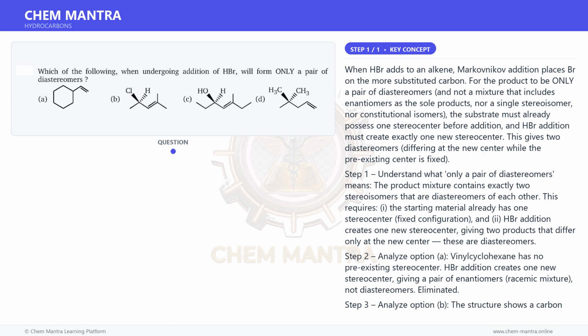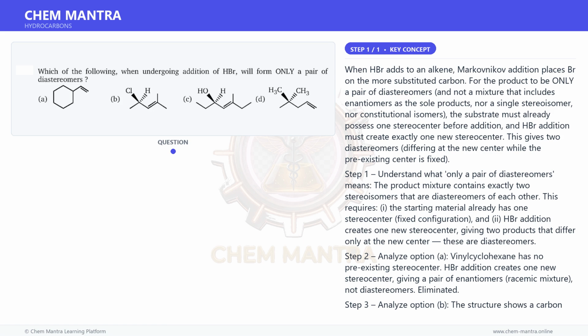The pre-existing OH-bearing stereocenter remains intact. The two products differ only at the newly formed Br-bearing carbon while the OH-bearing carbon is fixed. These are diastereomers. No enantiomers are formed because the starting stereocenter is fixed, a single enantiomer starting material as drawn. Thus only a pair of diastereomers is formed.